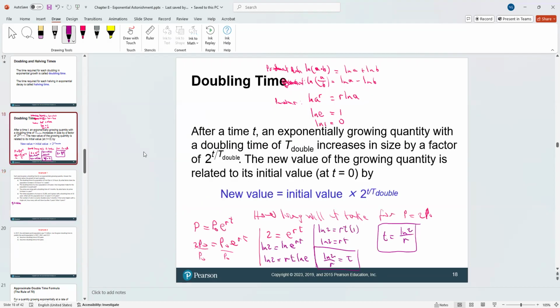Let's go up there to show you the doubling factor. We said after a time t, an exponentially growing quantity with a doubling time of T double increases in size by a factor of 2 to the power t.